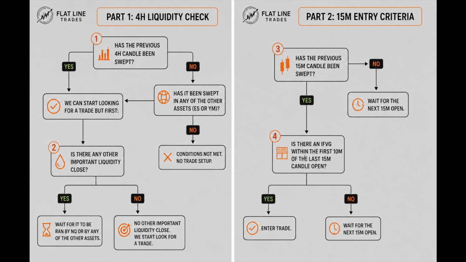And if it has been swept, we have to take a trade in an IFVG within the first 10 minutes, because I'll explain why. If it's in the last 5 minutes of the 15-minute candle, and we take an IFVG close to the highs of that candle, there is a really big chance that the new candle would form its wick, take you out of the trade, and then continue playing on.